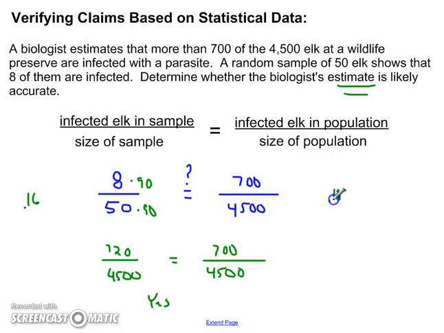Oops, sorry, actually, it's 0.15 repeating. So let me do this correctly. When we're talking about an estimate, 0.15 repeating, if we went to 2 decimal places, would be 0.16. And at that point, they're going to be the same. So if we're talking about estimates, yes, these are close enough for what we're dealing with.